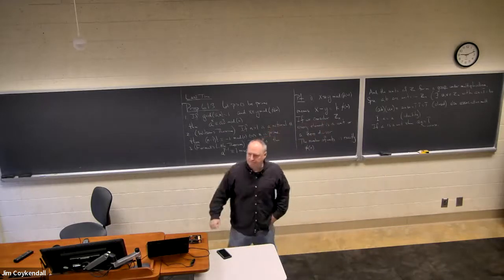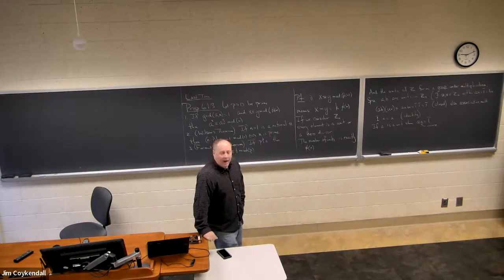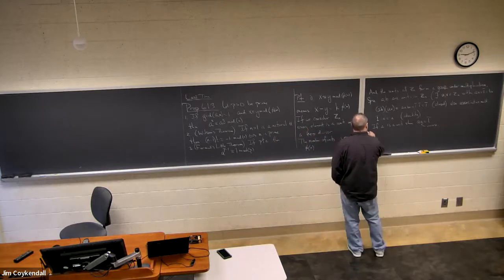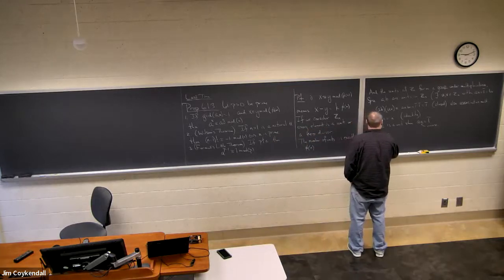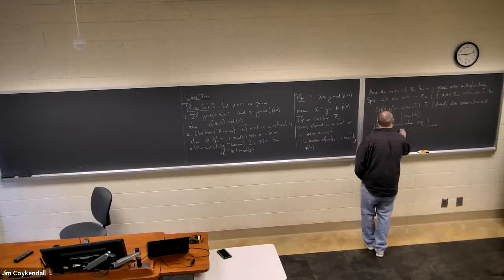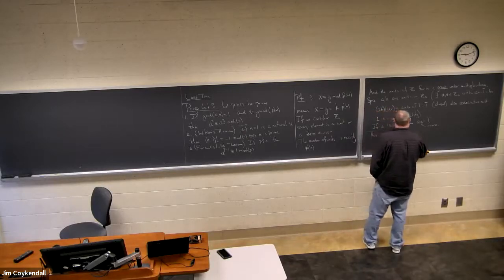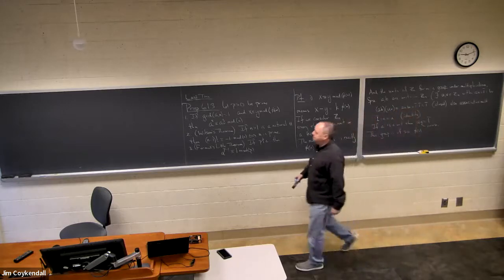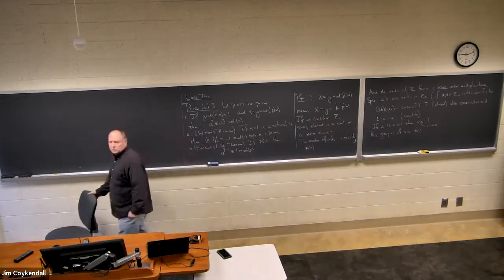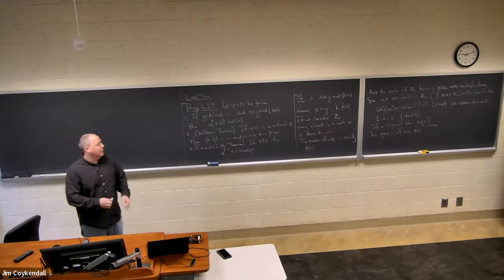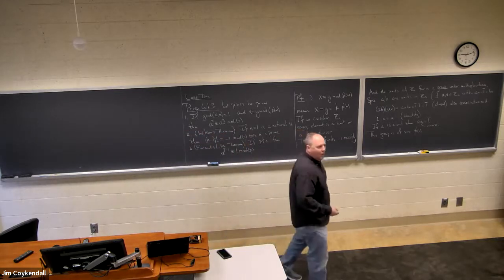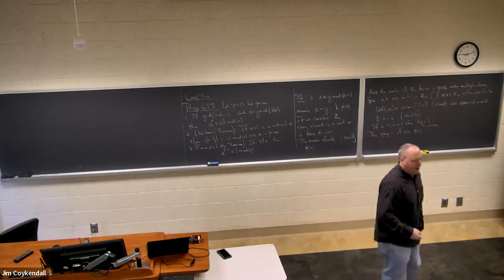Everybody agree with that? And remember, the identity here is the 1 bar, right? This group is of size phi of n, because that's the number of things that are relatively prime to n. Now, what does Lagrange's theorem tell us?